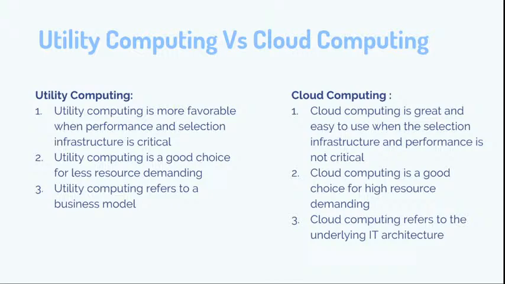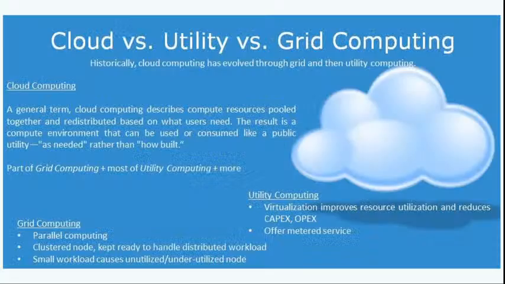Cloud computing is a good choice for fewer resources, such as small scale industries, while utility computing will be used for high resources. Utility computing always refers to a business model, and it is always used for IT architecture.